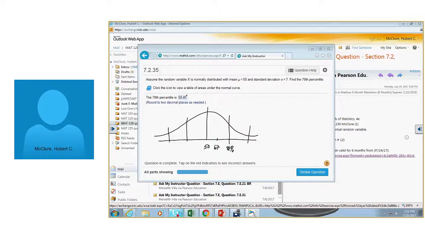Half of 17 is what? 8. That'd be 58. And 8 here would be what? 75. 78. Well, 78 to 84 is 7. Half of 7 is 3.5. So right in here is what? 78. It's a mirror. Absolutely.